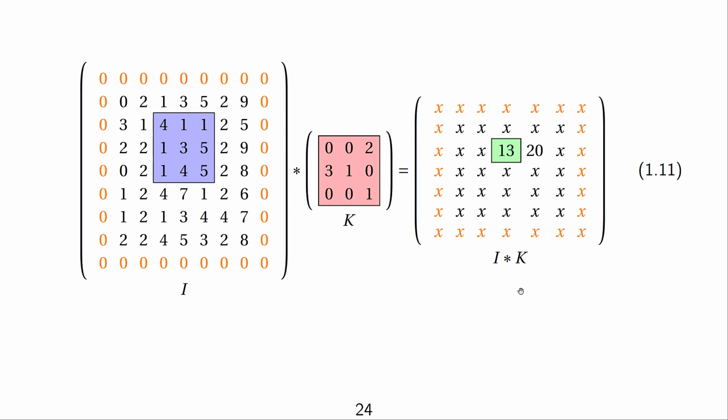Let's again conceptually think about what happens. So now if we take this center of the filter, 1 here, and we place it over the 3 here, what you see is that counting the position in the original image I without padding, we are in the 3rd row and 4th column of the original image, and now this green value here corresponds to exactly the same, which is the 3rd row and the 4th column of the output.